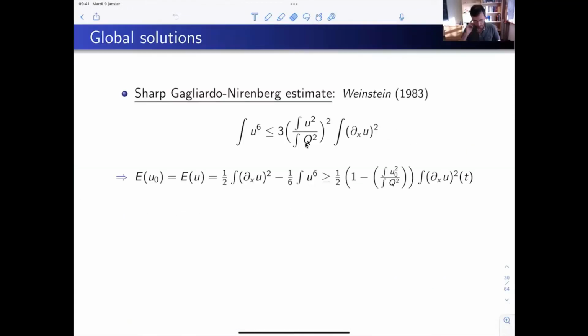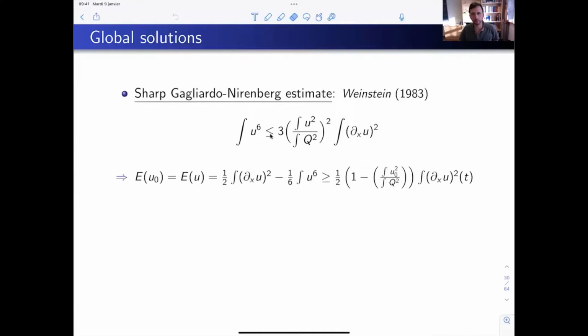So if you use this inequality and the conservation of the energy, I recall, the energy of u naught at time t equal to 0 is equal to the energy of u, which is, by definition, 1/2 of the L2 norm of dxu to the square minus 1/6 of the integral of u to the 6.